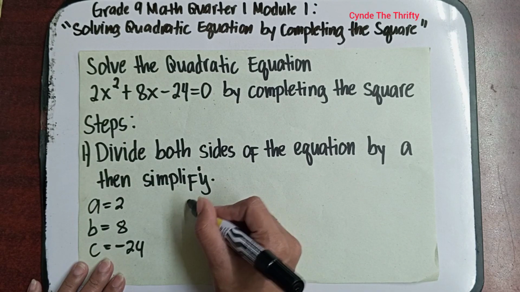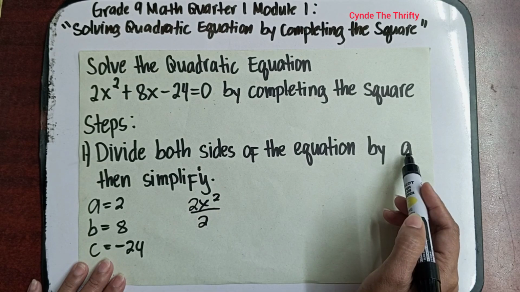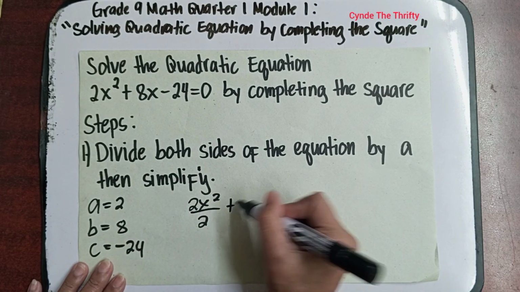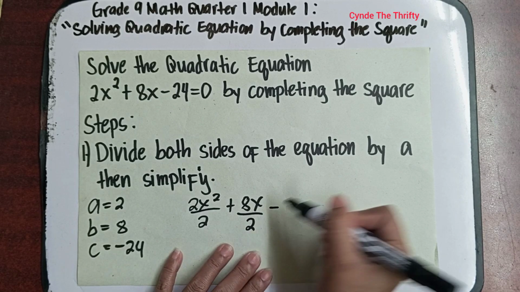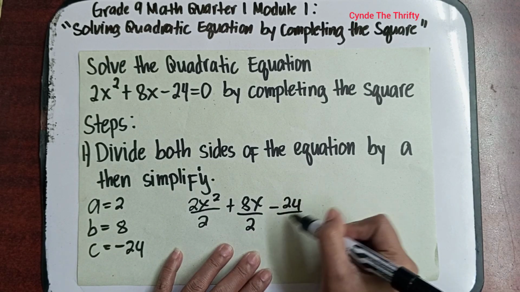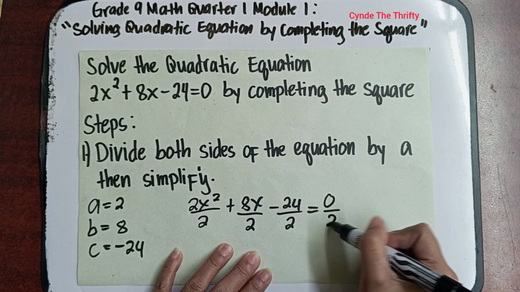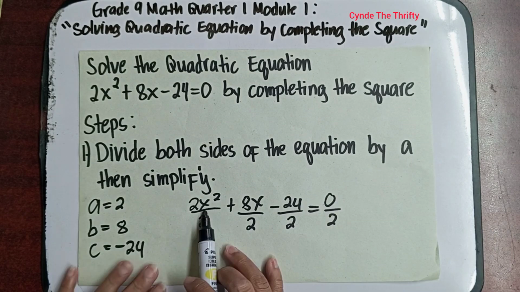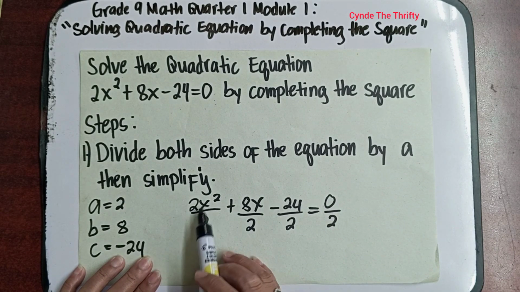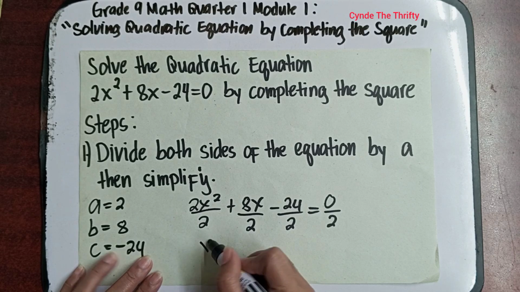So, 2x squared divided by 2, kasi ang value ng a natin is 2, plus 8x divided by 2, minus 24 divided by 2 is equal to 0 divided by 2. Kasi both sides yung i-divide natin sa value ni a. Now, i-simplify na natin. So, 2x squared divided by 2 is equal to 1x squared or x squared.